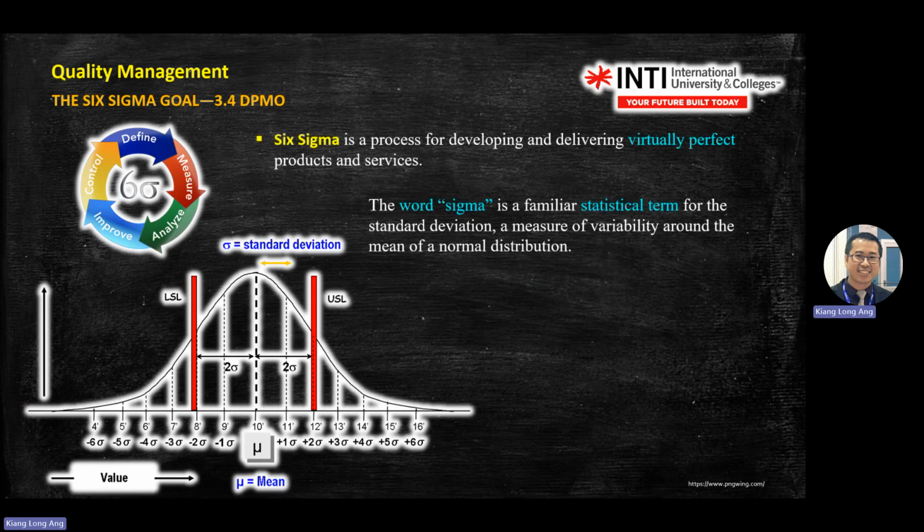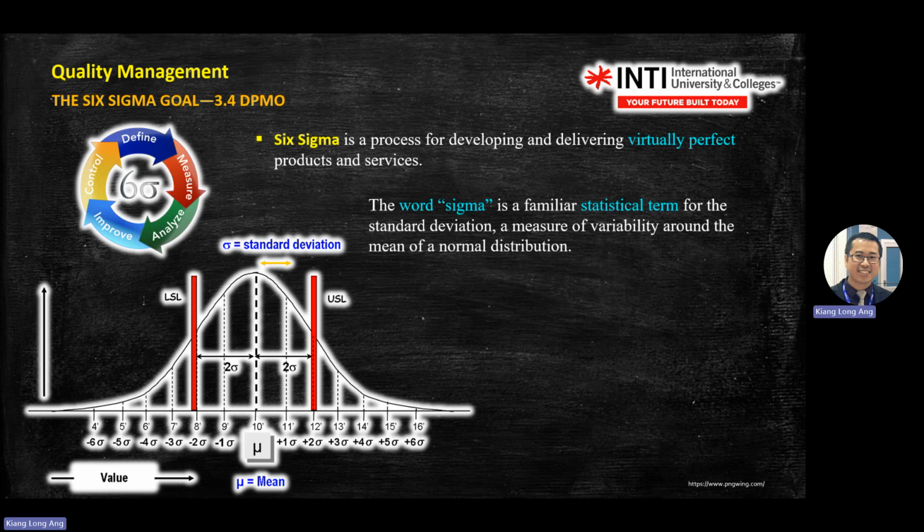Now, the word Six Sigma itself is a statistics word that you learned in the previous chapter, where you do hypothesis testing, like how many percent on the left or right will give you a go or no go decision. This is a normal statistical distribution. Let's say this is your target, mu. You have the first sigma.